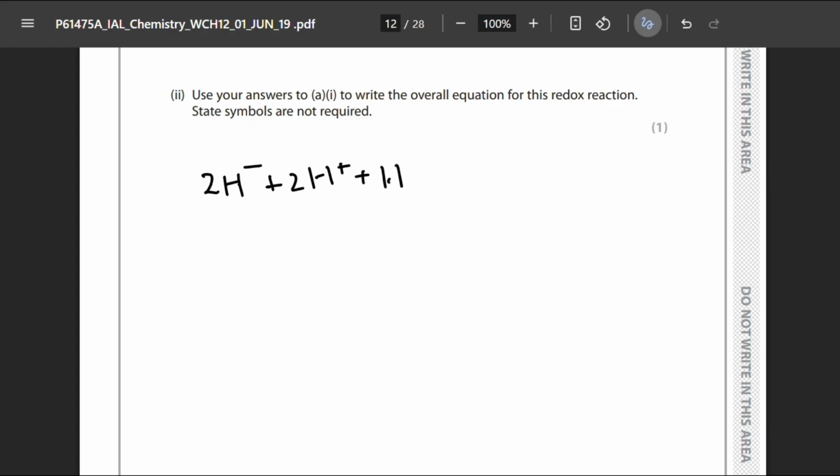If we add both these equations, then here you can see that the iodide ions get oxidized and hydrogen peroxide is reduced. So overall, this is a redox reaction.